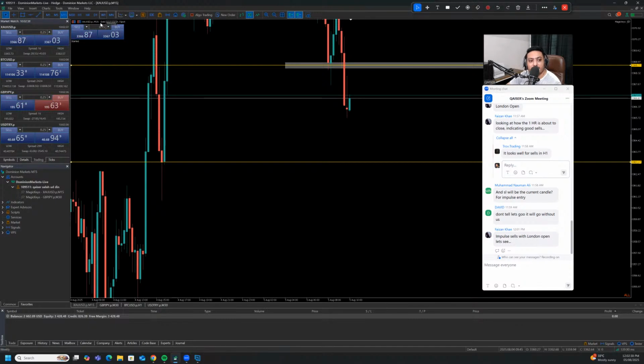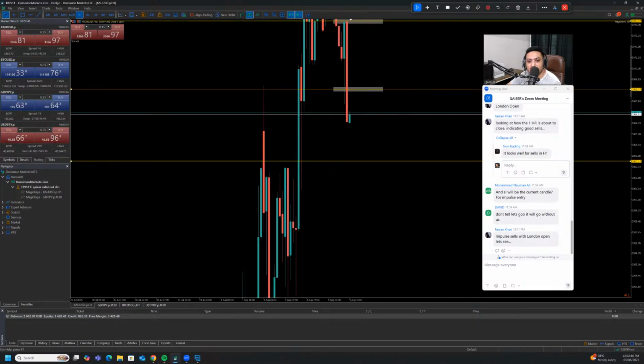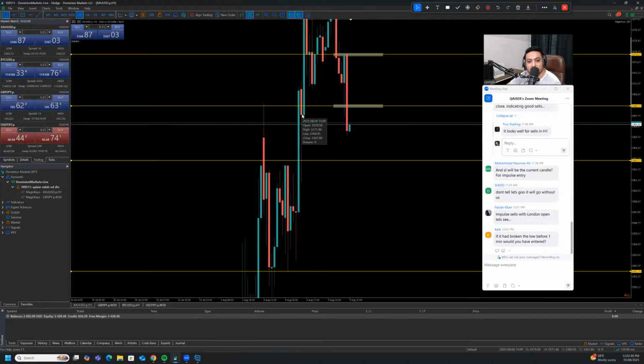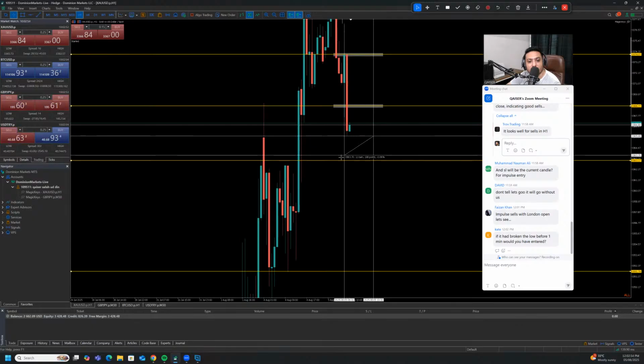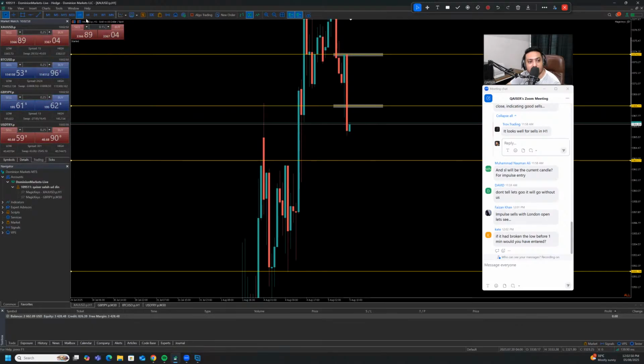So I'm just waiting. Look at this. Damn, the 30-minute and H1 just closed below the previous one. If we break below this area, we have a wick fill on the left-hand side on H1.